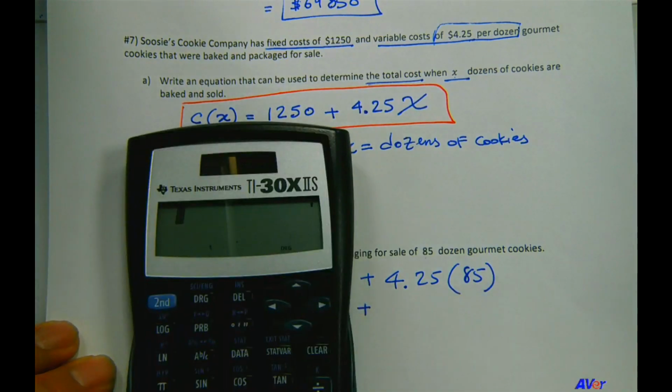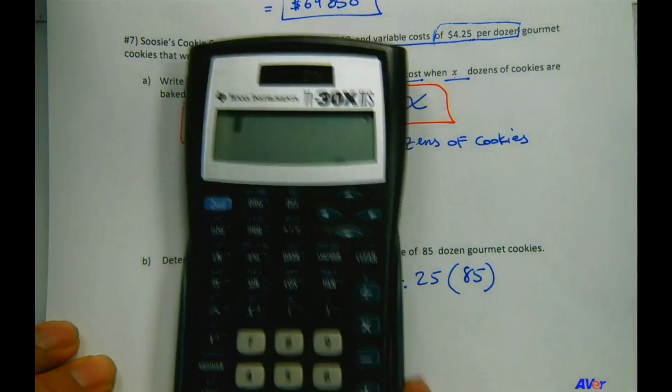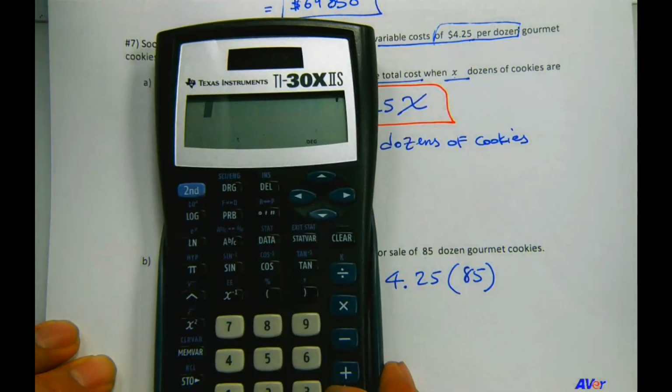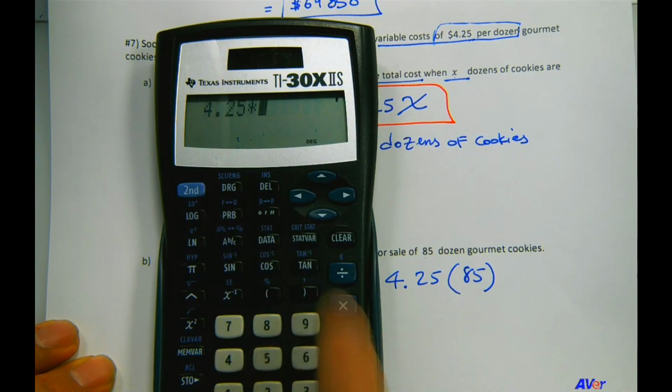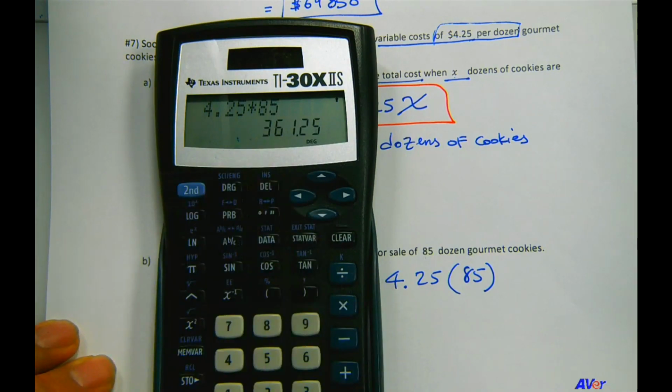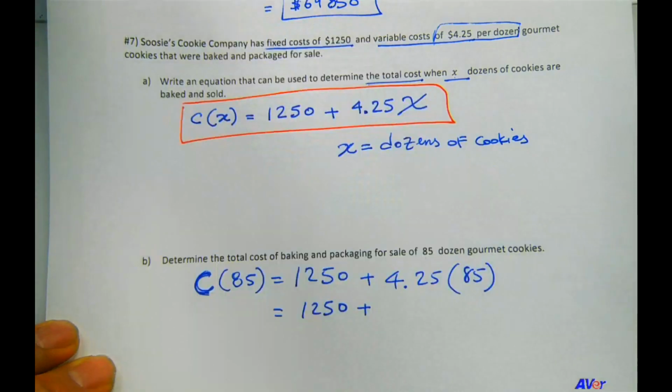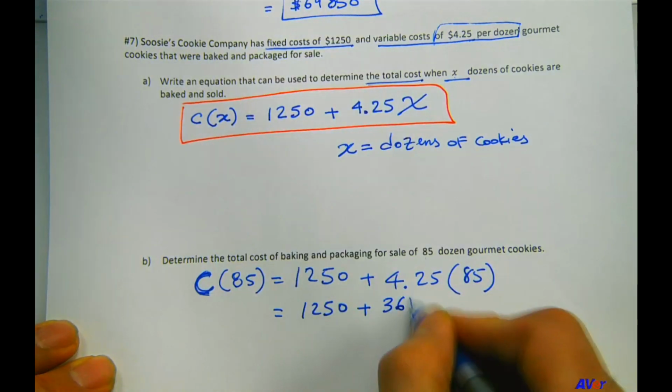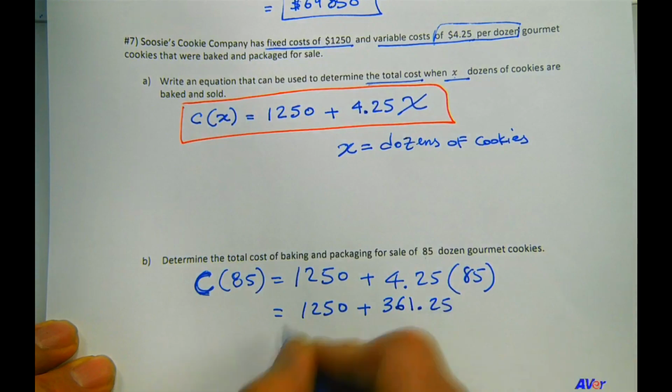We want to calculate this quantity, 4.25 times 85, which is $361.25.